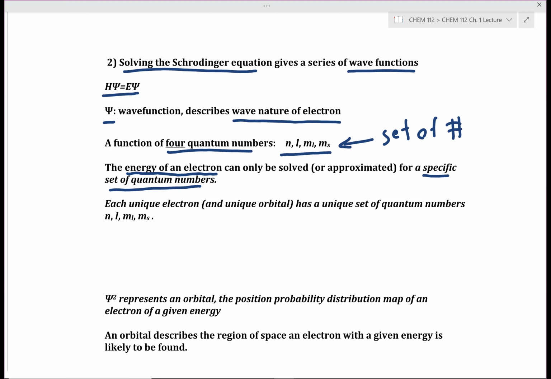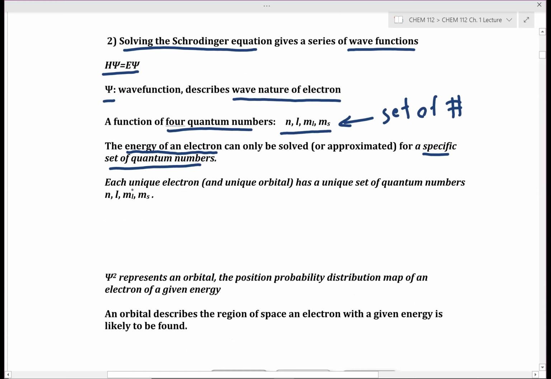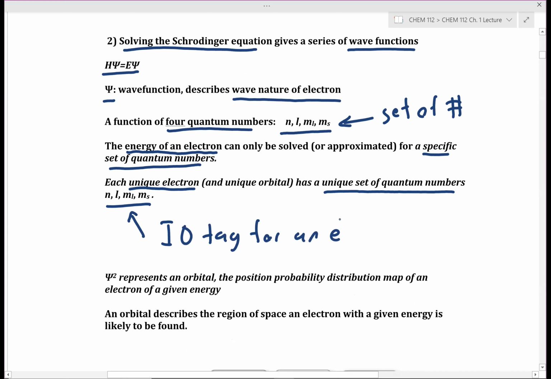So from this idea, each unique electron in a given atom has a unique set of quantum numbers. So we can think of these quantum numbers as like an ID tag for an electron. And we'll elaborate on this idea more once we start looking at orbital pictures.